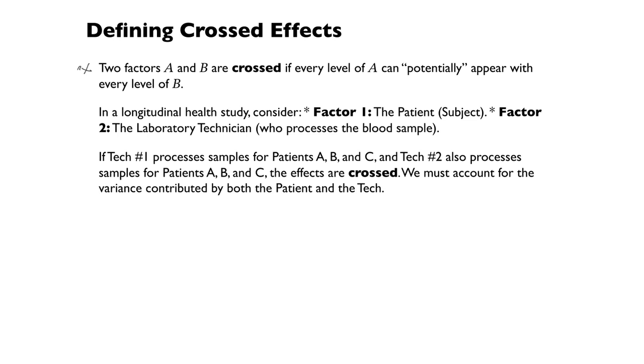Sometimes these designs are fully crossed, meaning if you have two factors, A and B, could be, again, patient and clinic, and every patient went to every clinic, you would have fully crossed, right? The data contains all levels combined of patient and clinic.